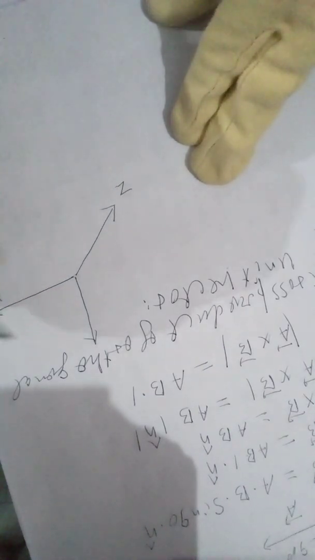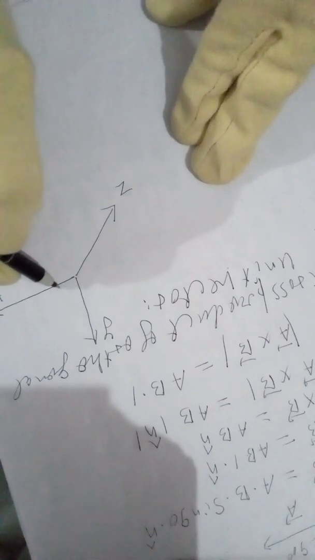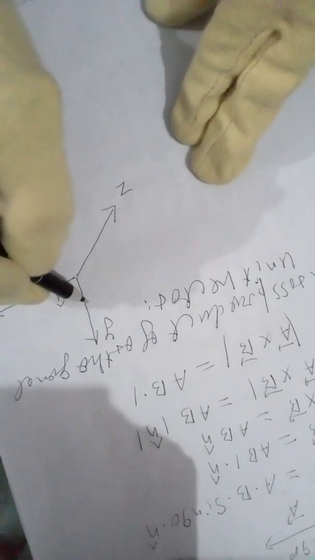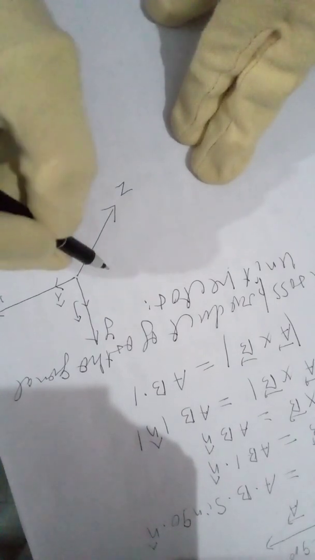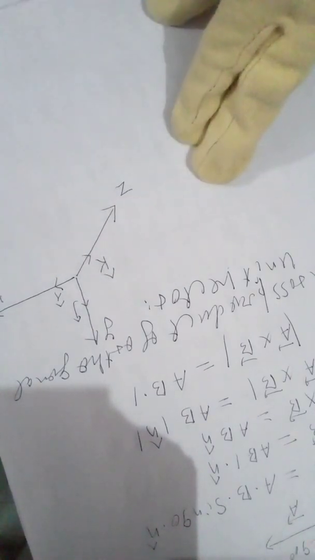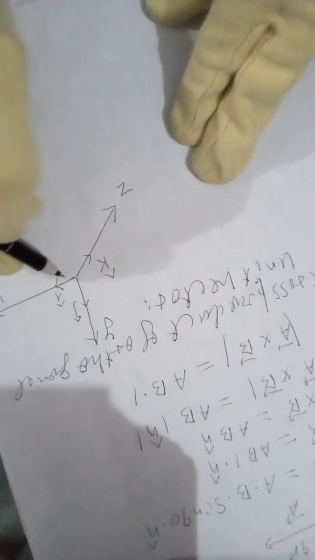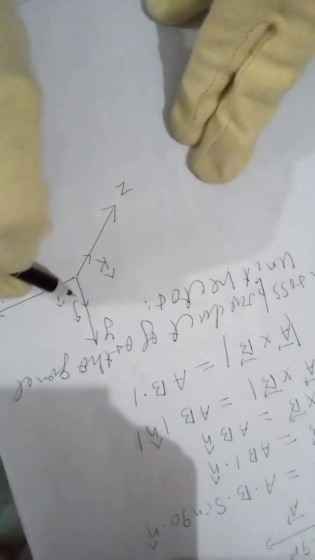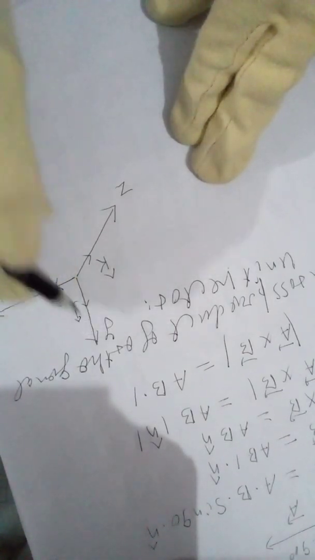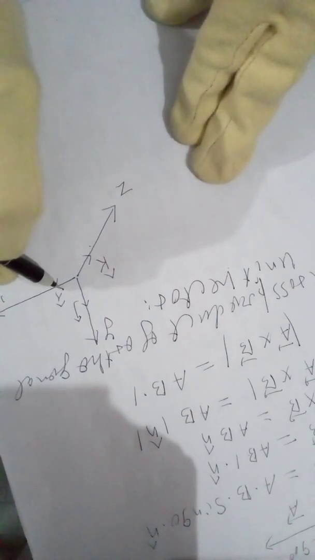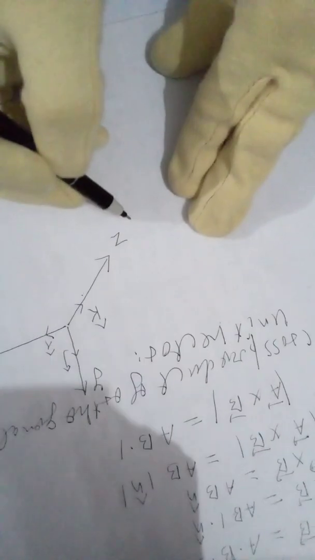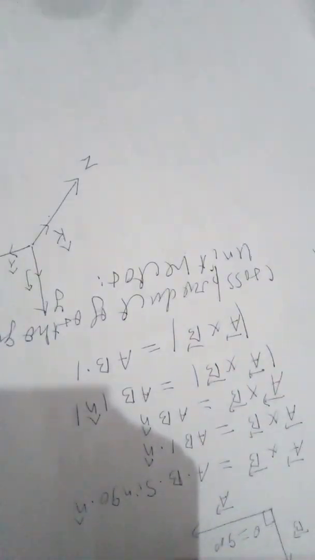So the unit vector along the x-axis, let it be i cap, along the y-axis j cap, along the z-axis k cap, are known as orthogonal unit vectors. i, j, k are orthogonal unit vectors.